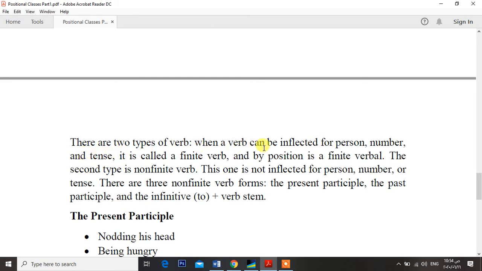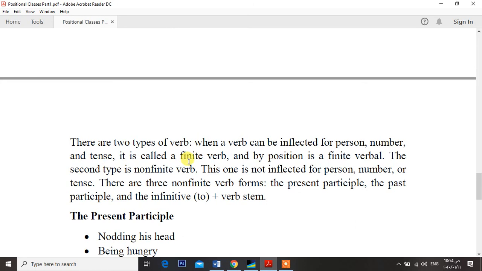So the verb can be inflected for person when I say he tells or I tell. For number, I change the subject from he or I into they: they tell. And the last one, tense, when I change the verb itself, they told, I change it into the past.